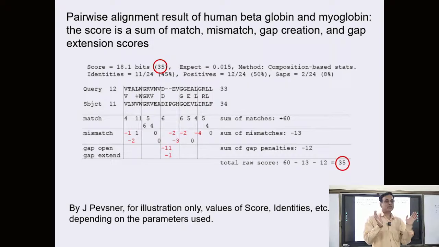A simple way to say it is that when insertions or deletions happen, often there are insertions of multiple residues or deletions of multiple residues. Which means that the occurrence of an insertion or deletion gets greater significance than extension. Because if it happens, either multiple residues are inserted or multiple residues are deleted.